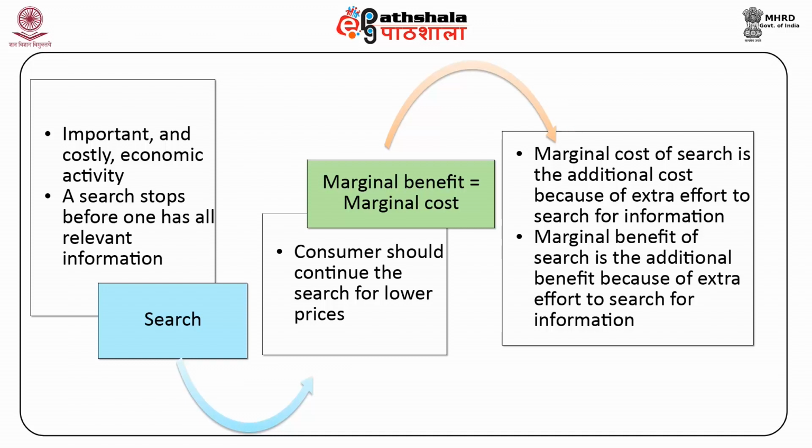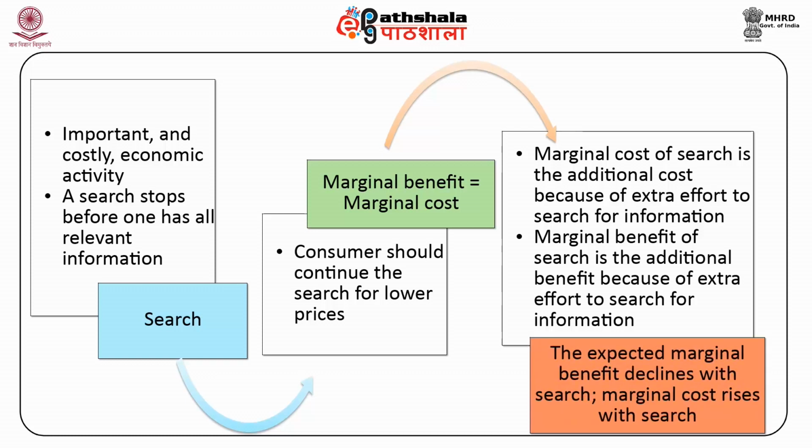The benefit of information search includes lower prices, new production techniques, and the intrinsic satisfaction of knowing. The extra benefit generated by search effort decreases with the amount of search. With enough search effort, the marginal benefit of search declines to zero.